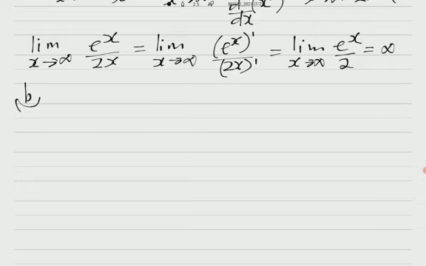What about number b, where we have the limit as x goes to infinity of x to the power 1 over x. In this case, if we try to check the form, you'll find that on the base you have infinity, that's x. x can grow and become very large. On the exponent we have 1 over x.